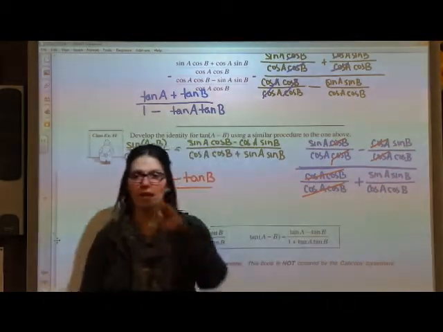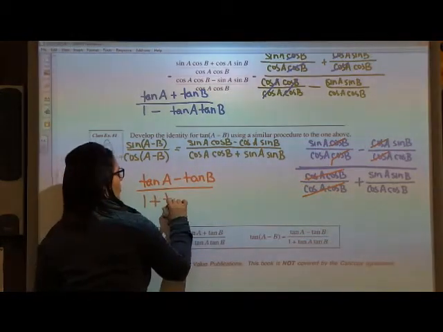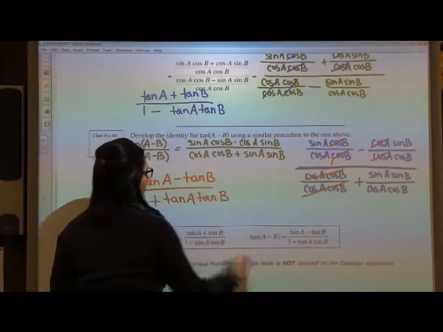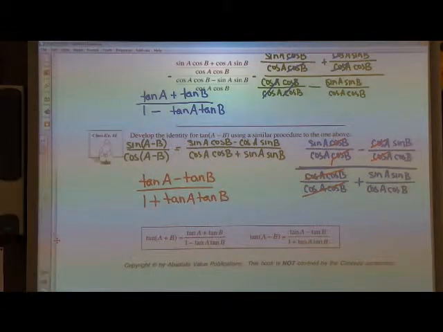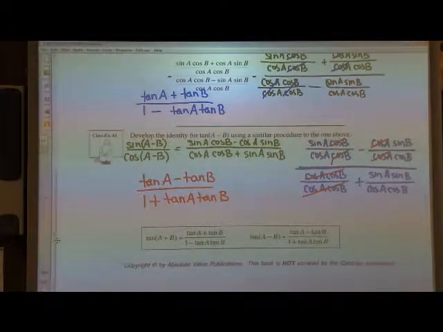And sine A over cos A, and then sine B over cos B, and there's the other identity. So again, these two are also on the formula sheet. So it's not so much how do you get them, it's now how do we use them. So we have a series of examples of how we can use them.